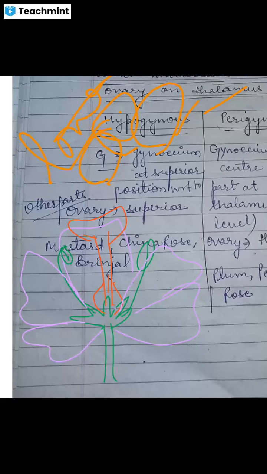So if this is the whole flower, with the corolla, the sepals, and the androecium, and the gynoecium is occupying the highest position with respect to the rest of the parts of the flower, then we call such an arrangement a hypogynous arrangement. Examples are mustard, china rose, and brinjal.